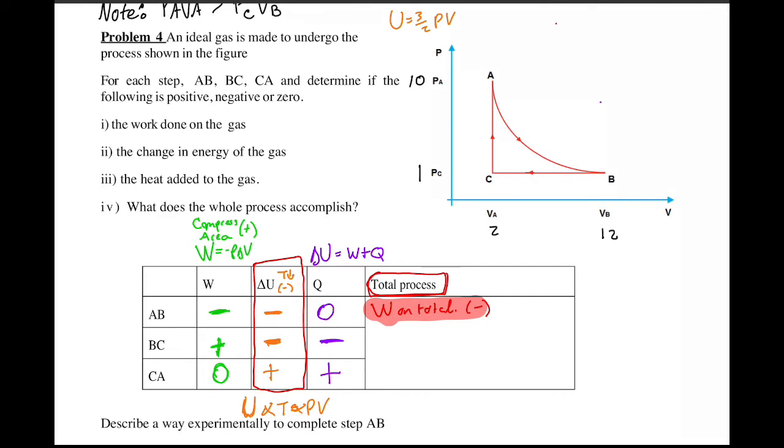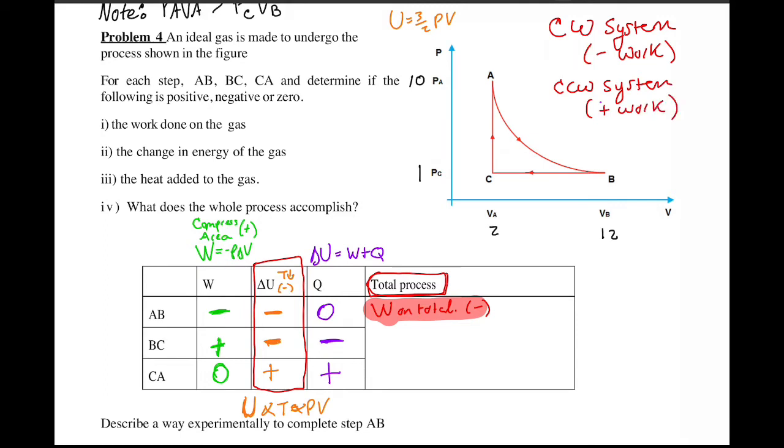If your process is going clockwise, like this one, a clockwise system has negative work on it, always. A counterclockwise system will have positive work.